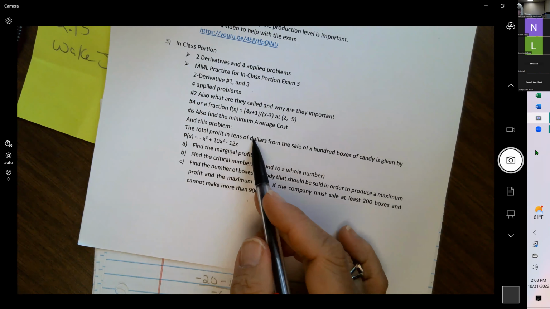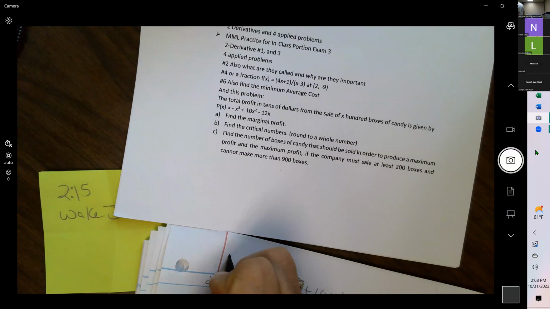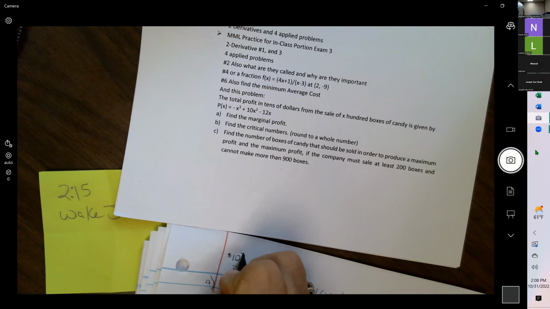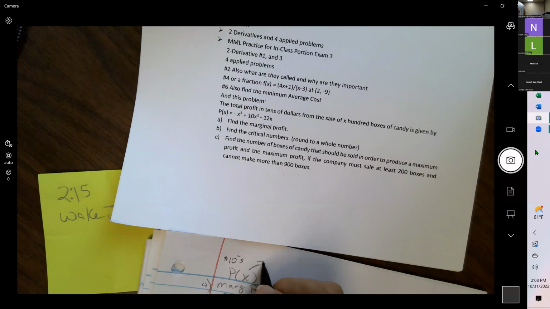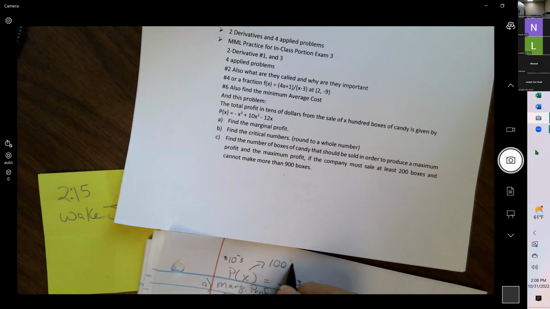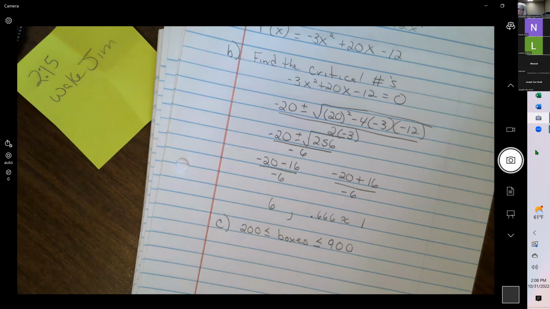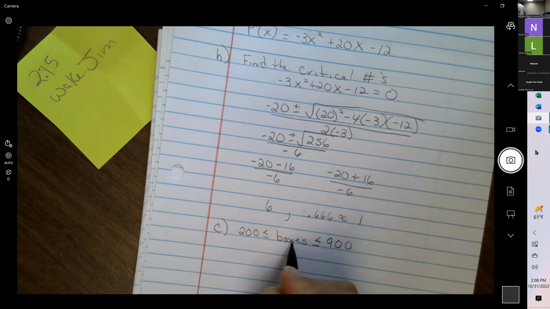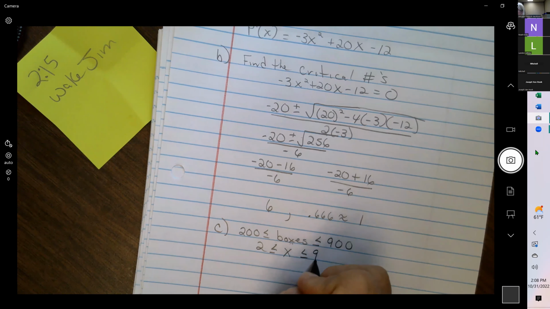Total profit was in tens of dollars. If boxes is in hundreds, X is 2 to 9.